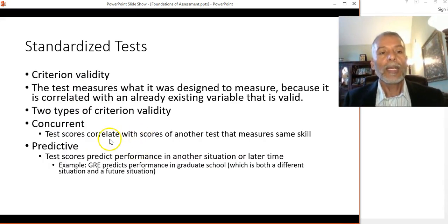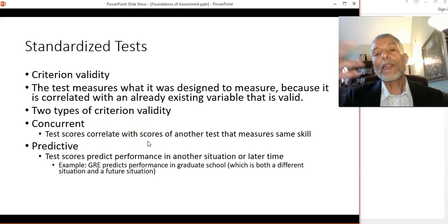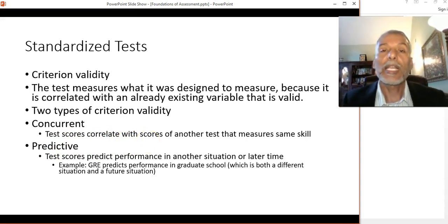Criterion validity means the test measures what it was designed to measure because it is correlated with an already existing variable that is valid. There are two different kinds: concurrent validity and predictive validity. Concurrent means that the test scores correlate with scores of another test that measures the same skill.